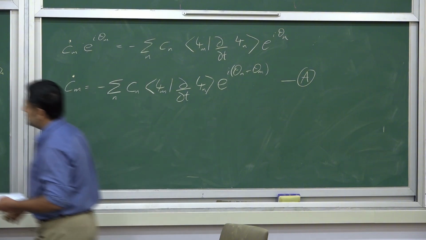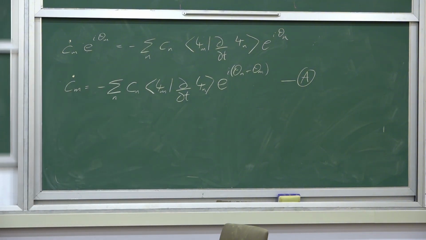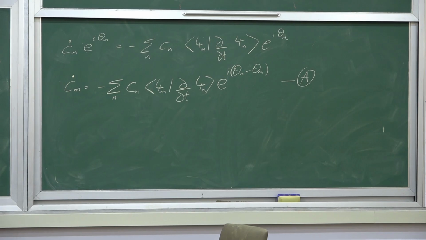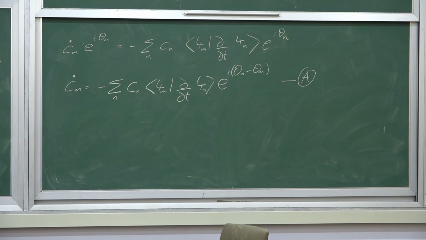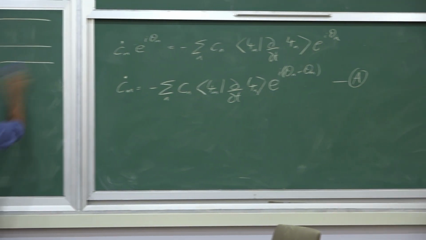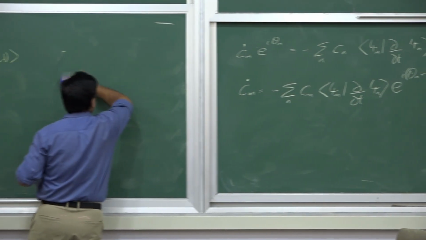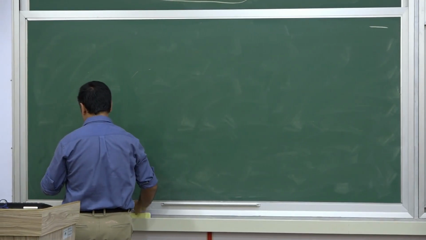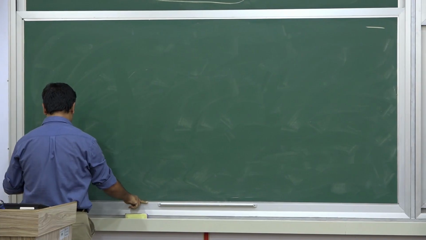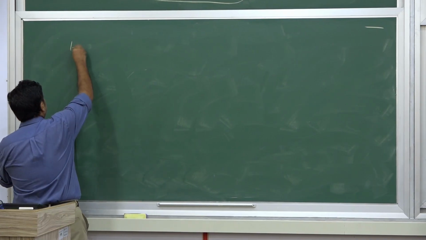Now I start with the Schrödinger equation. Well, this was the Schrödinger equation, the eigenvalue equation, and take a derivative over there. So I start with this.